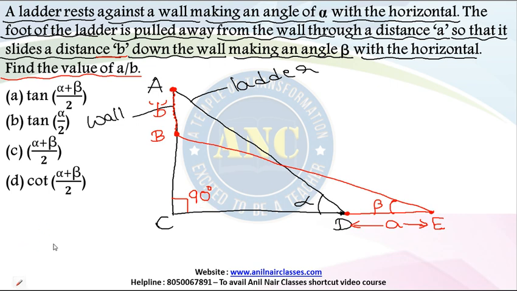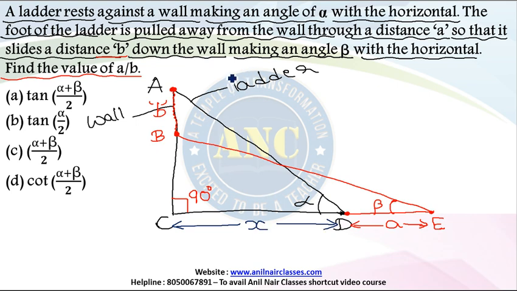Now, because I am using the trigonometric ratios, let me call these as unknown values only. This CD I will call it as small letter x. Usually we do not like to solve with unknowns, but because the question itself is given in unknown values as alpha and beta and small letter a and b, I cannot help further, sir. There is no other way rather than to do this by this method.